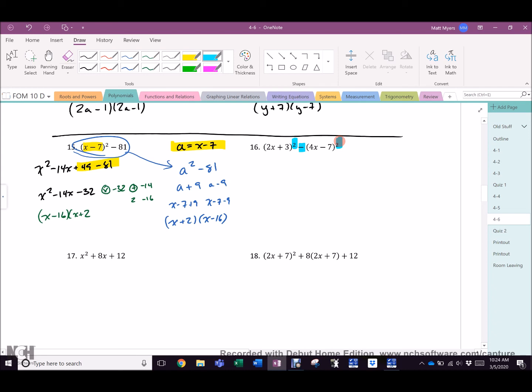I see a squared minus a squared, right? And I know that any time I have squared minus squared, I have x plus y and x minus y, correct? We know that, right? So what if I say this is x and this is y?